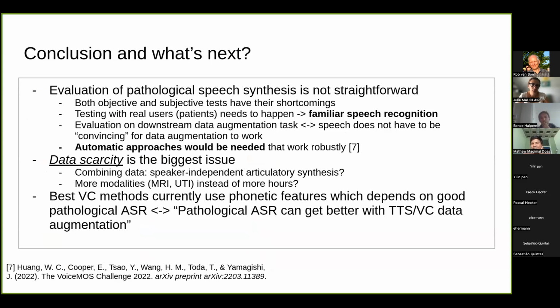So basically what I showed here are just two ideas on how you can evaluate pathological speech synthesis, because that's what I still see as the biggest problem. A good objective evaluation depends on a good subjective evaluation, and we don't really have a good subjective evaluation, in my opinion.